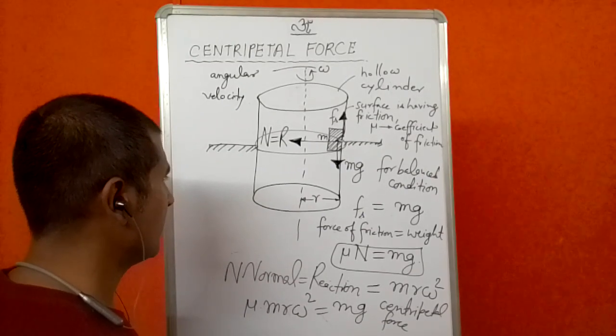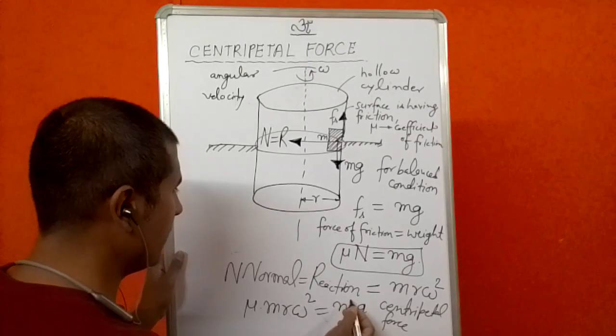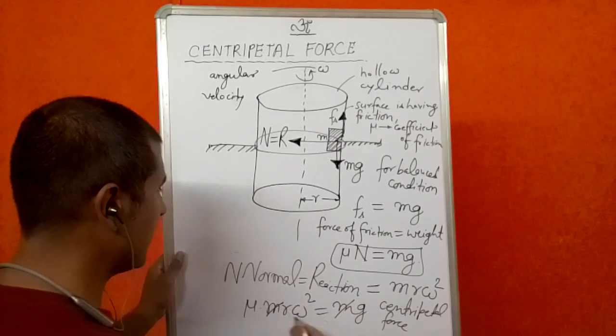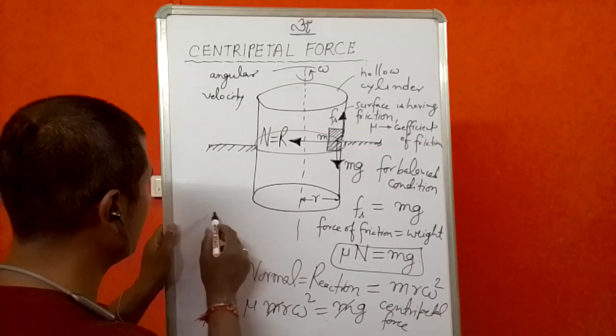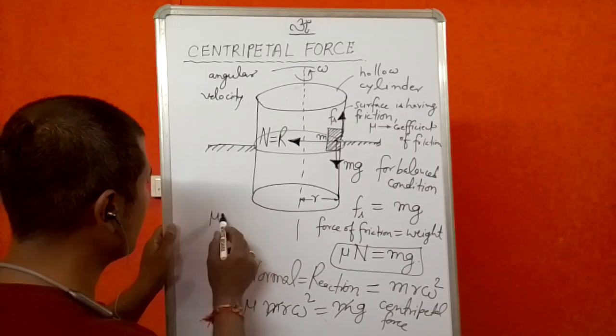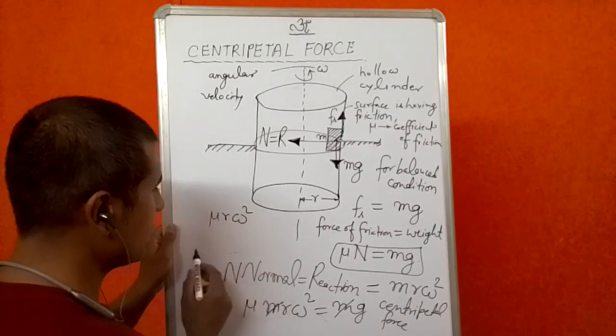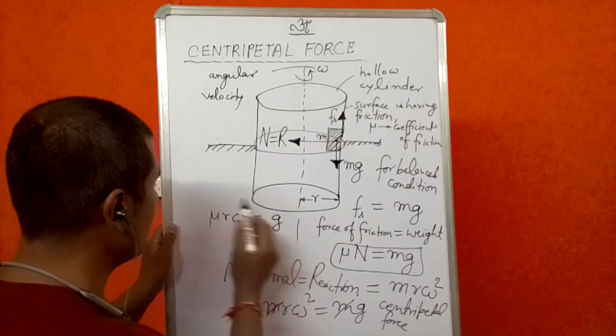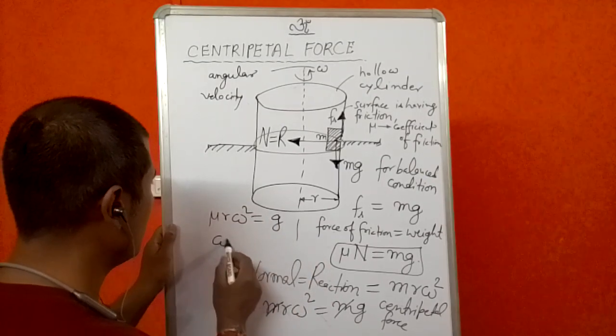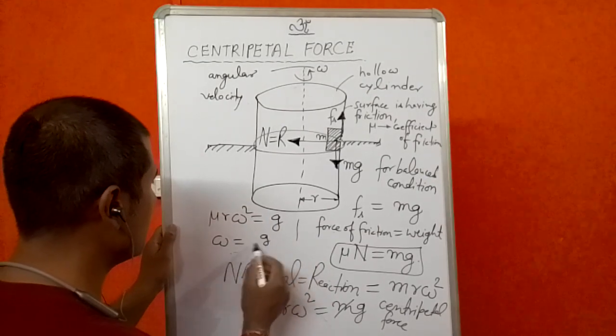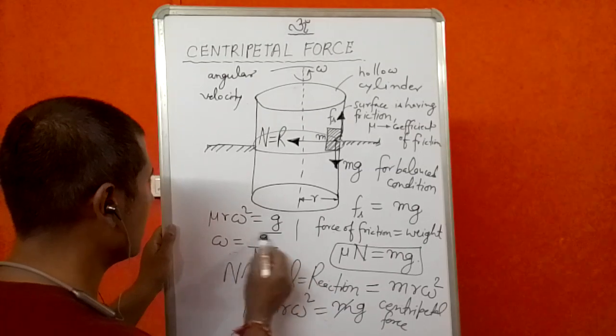Is the point clear? So, what will you get? m must be cancelled. So, you will be getting mu times r omega square is equal to g. So, what you got? You got omega is equal to the square root of g upon mu r.